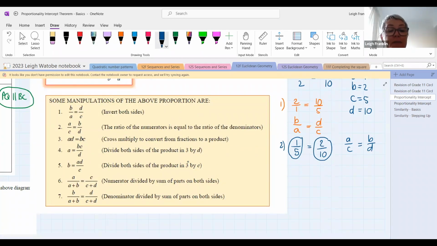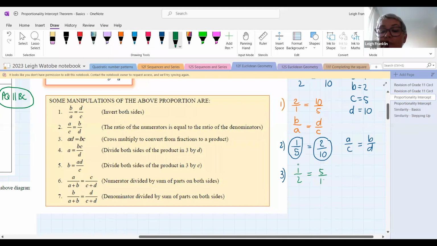The third thing that is important for me, okay, and I'm only going to go through the first 5, I'm not going to worry about 6 and 7 today, is this idea. I am allowed to cross multiply. So in other words, if I go back to my original fraction, I said 1/2 is the same as 5/10. I can cross multiply. So in other words, I can say 10 times 1 is 10, and it is equal to 2 times 5, which is also 10.